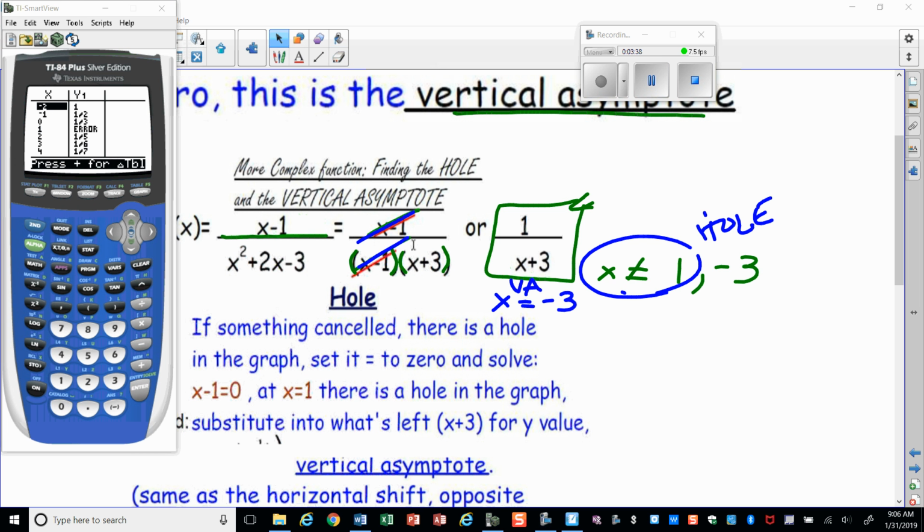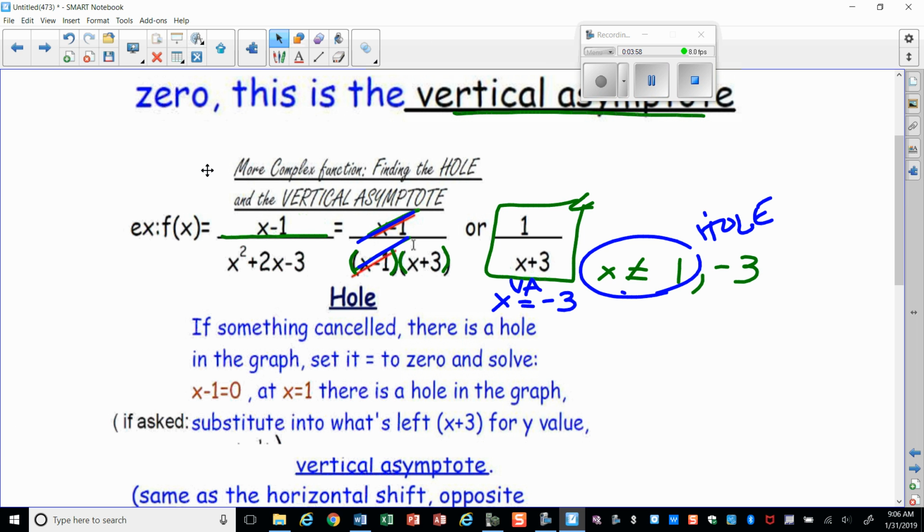See when x equals 1? Notice there's an error, because it's undefined there. You'd be dividing by 0, and that's just impossible. So even though you can't see it on the graph, it's there. It's a hole.